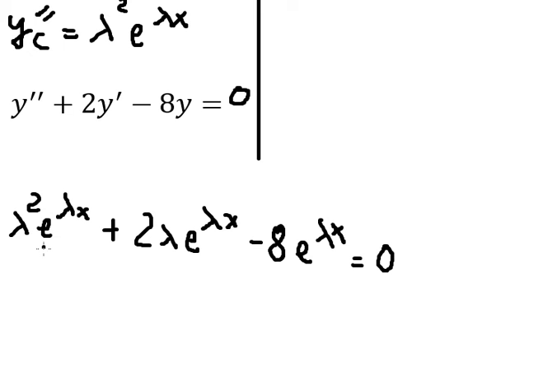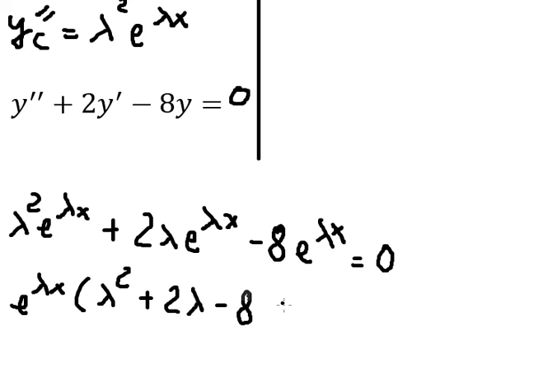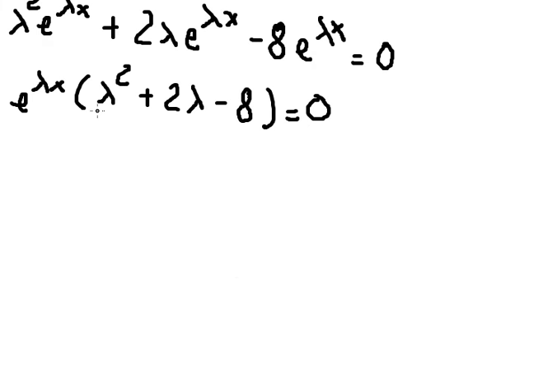Now we have e to the power of lambda s. We can do factorization. And now we put this equation equals to number 0.